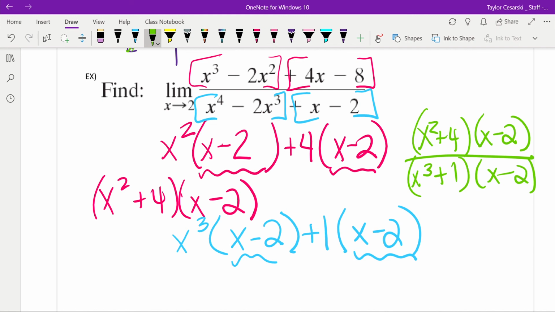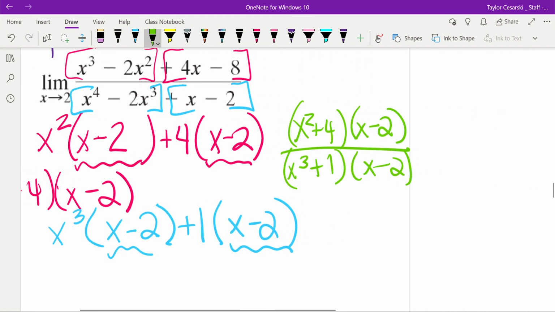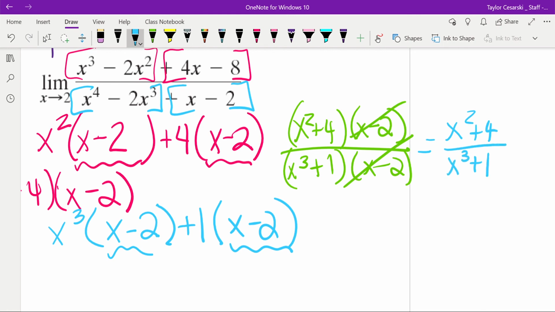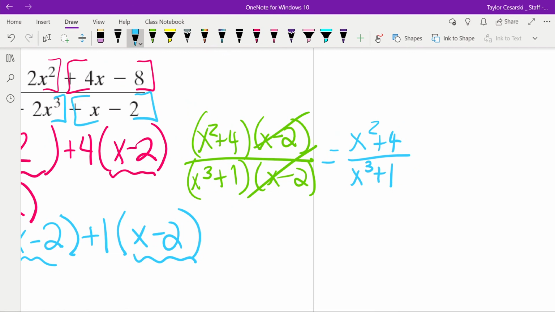Okay, so what we end up getting is we can cross out this x minus 2. Okay, and we get x squared plus 4 over x cubed plus 1, okay, and the limit as x approaches 2, if you type that in your calculator, or we're going to learn that, again, this is a little bit of a preview, so kind of like foreshadowing, okay, that the limit as x approaches 2 algebraically is that you can just plug in 2.